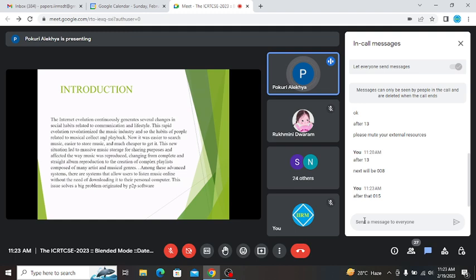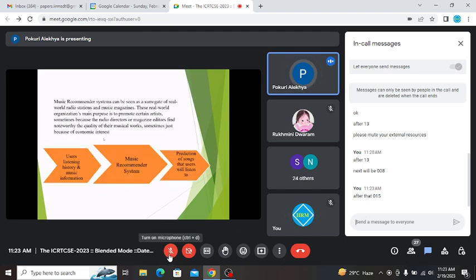But after that, the P2P system evolved, and it made playing songs online possible. From there also, songs and movies have increased. For that, we have created a music recommendation system to make the task easy for the users. This is a small introduction about it, sir.